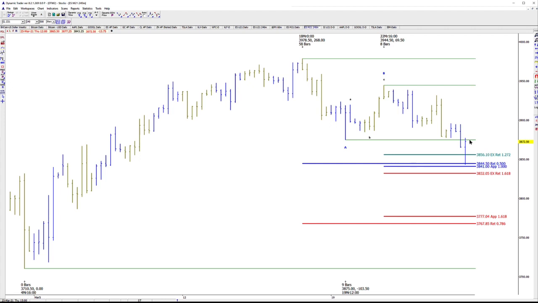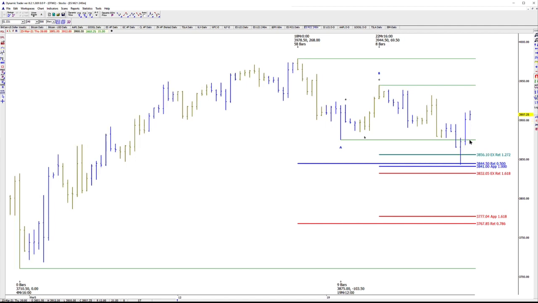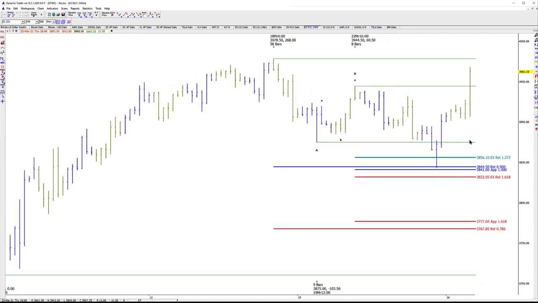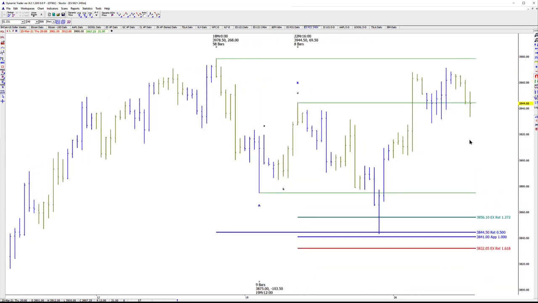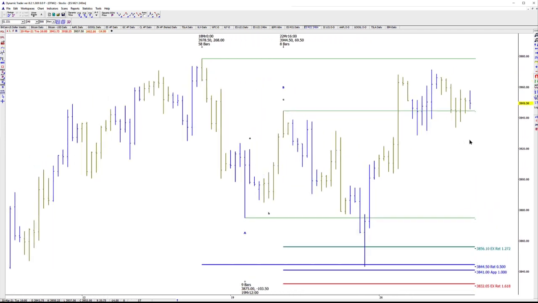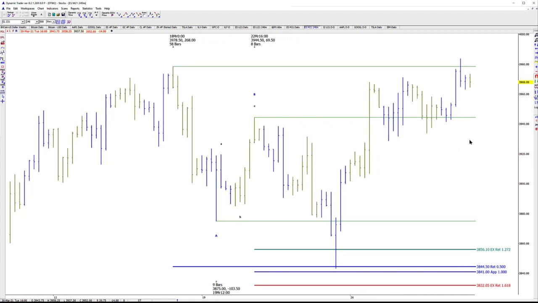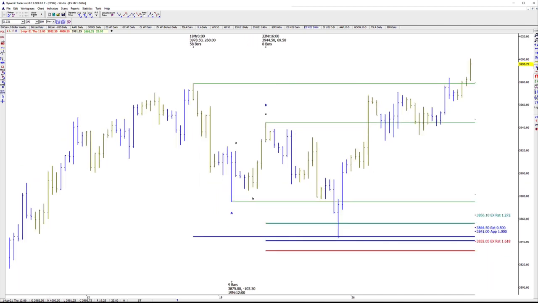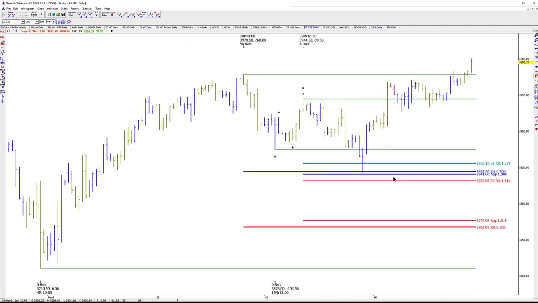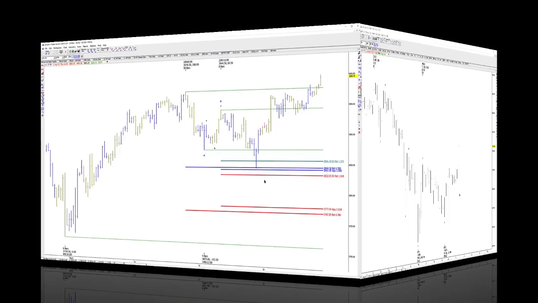It came up and closed near the high of that bar, and then continued to advance. Wow. Let's add some more bars on here. There we go, eventually to a new high, confirming that indeed we've made a correction right at the 100% alternate price projection, 50% retracement, and within that broad external retracement zone.